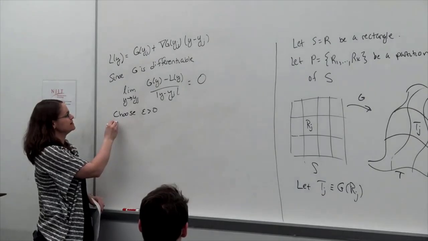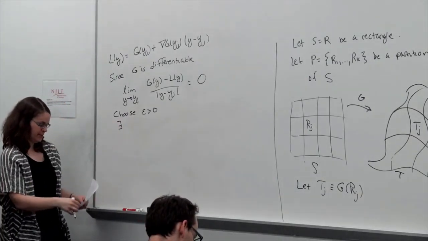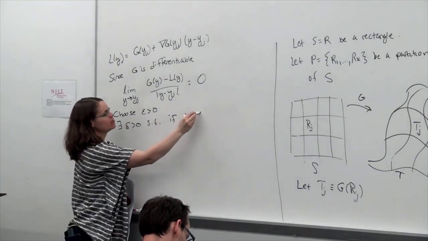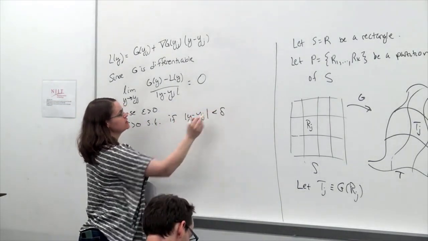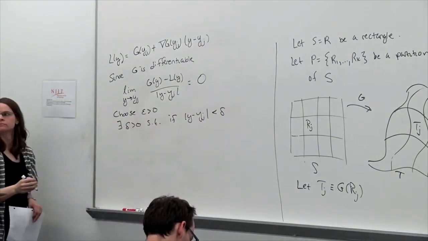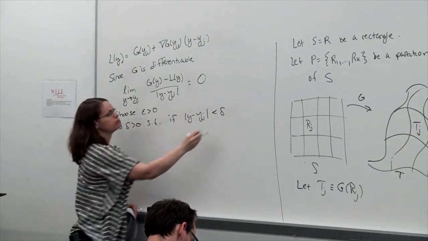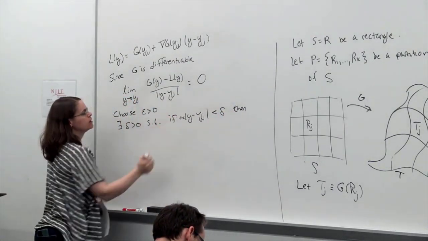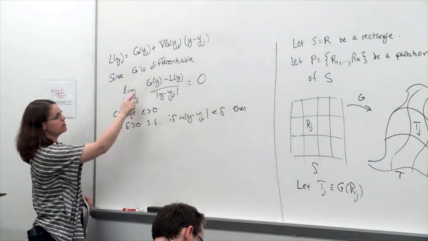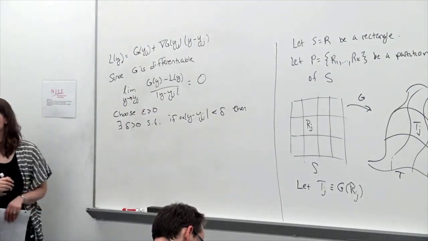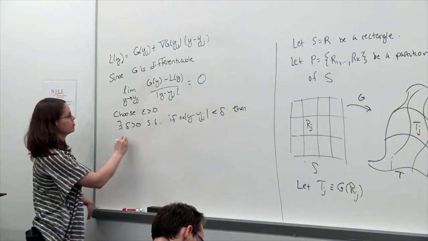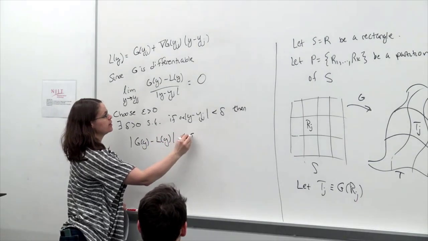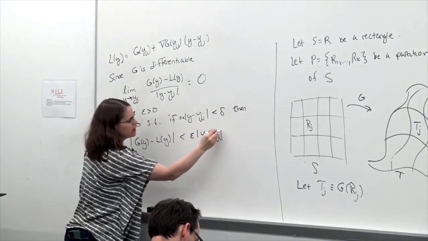All right, we know that there exists some delta greater than 0 such that if the norm of y minus yj is less than delta, and y is not equal to yj, then all of this is less than epsilon. So if I rewrite this a little bit, the norm of g of y minus L of y is less than epsilon times the length of y minus yj.